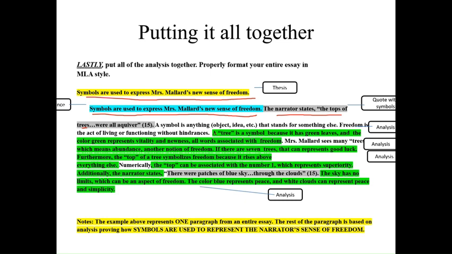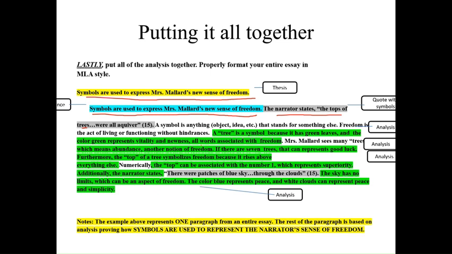So, like we said before on our chart, a tree is a symbol. Here, notice I'm giving a definition. It's okay if you want to give a definition to keep you on topic. A symbol is something that stands for something else. Freedom is the act of living or functioning without hindrances. Okay. A tree is a symbol because it has green leaves and the color green represents vitality.